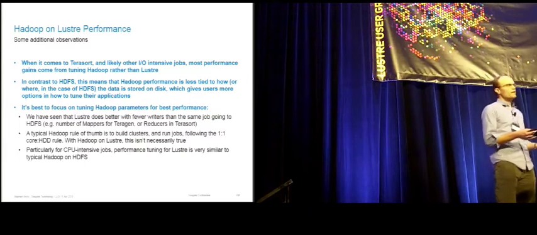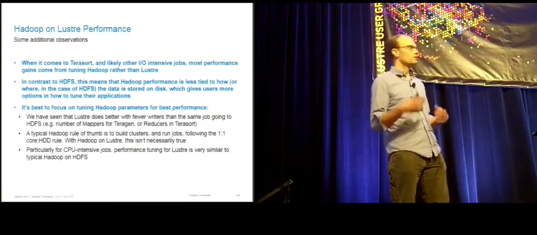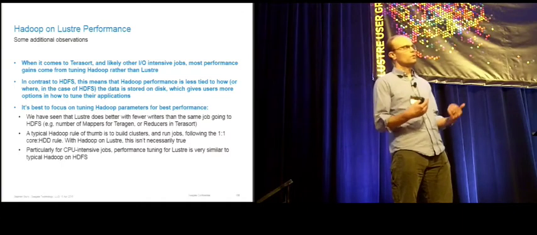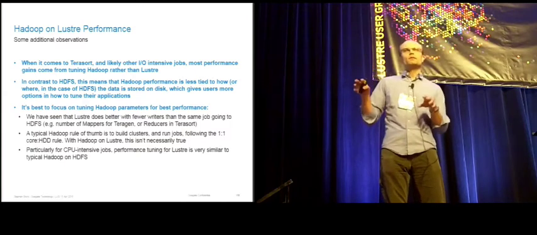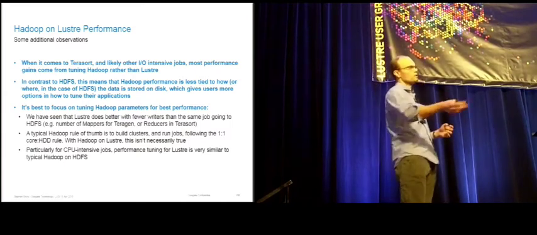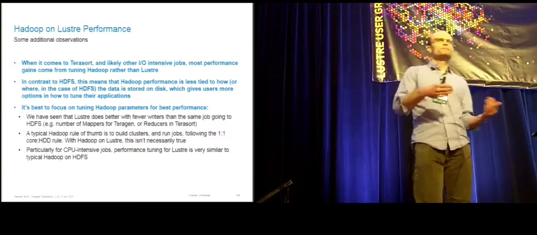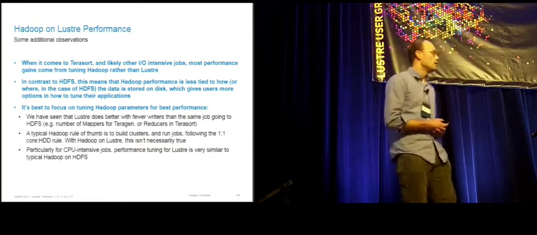In the case of HDFS, HDFS itself is built on this idea of you take a large file, you chunk it up into blocks, 64 or 128 megabytes, and you distribute them semi-randomly across your cluster. When you run the job, the computation goes to the data, does its thing, and that's how you get your efficiency because the data doesn't have to move again.